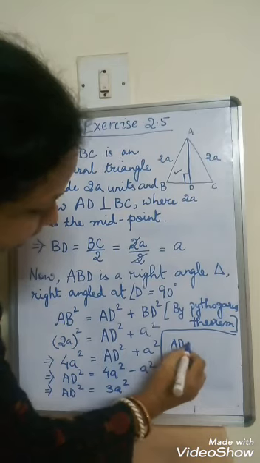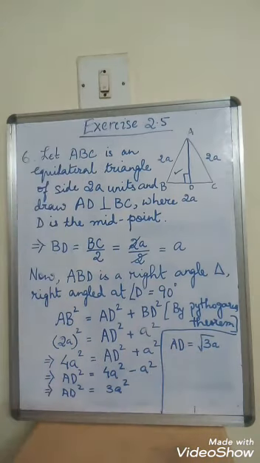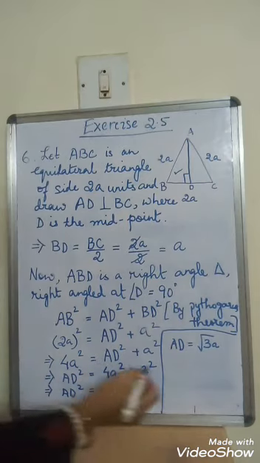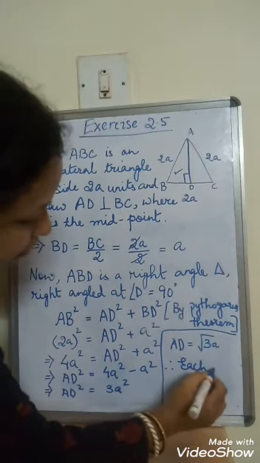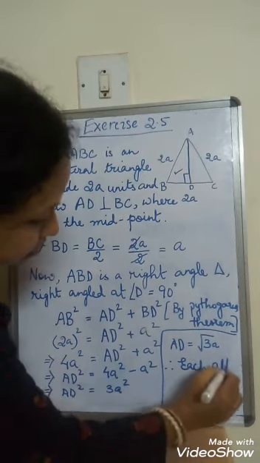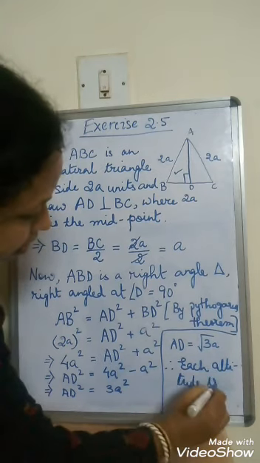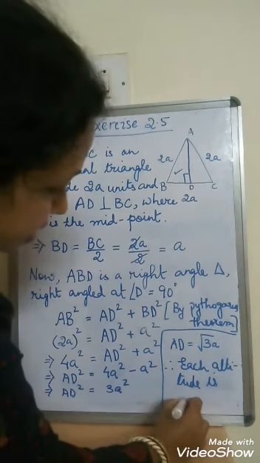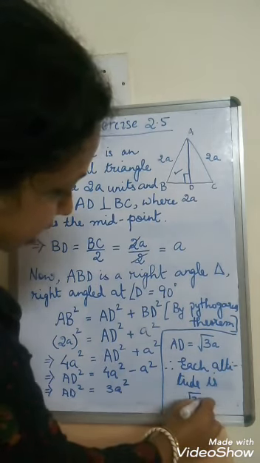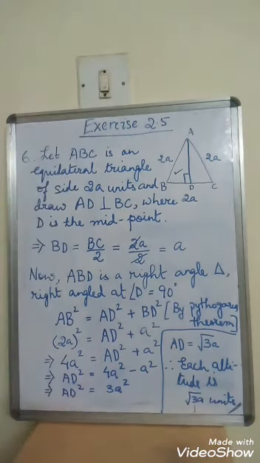We remove the square, AD will be square root 3A, right? So therefore each altitude is how much? How much did we get? We have got root 3A units. So this is your answer for question number 6.